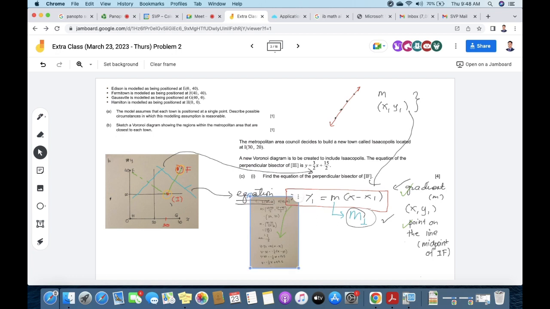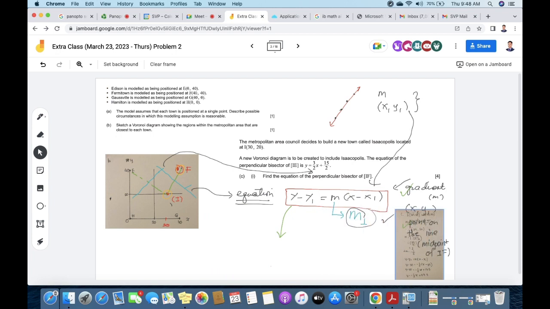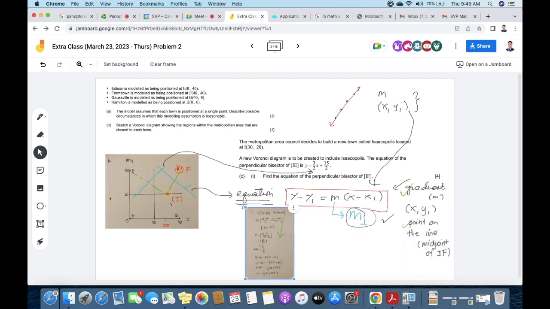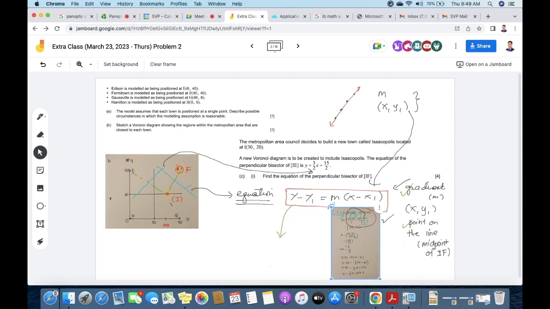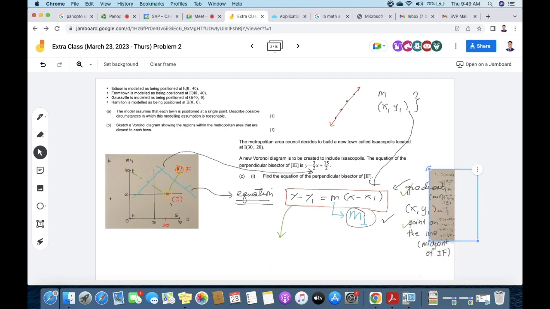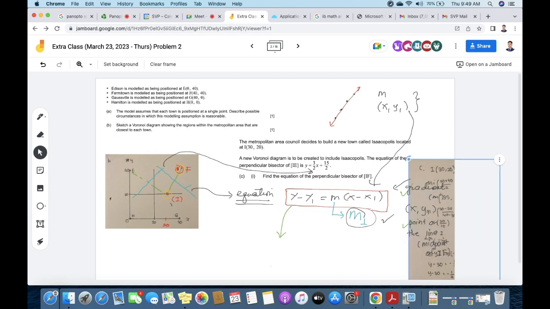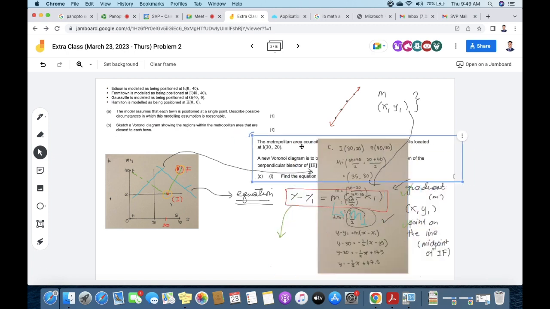Let me just arrange it here. I don't know why it's moving, class.